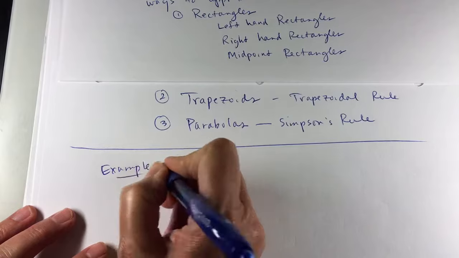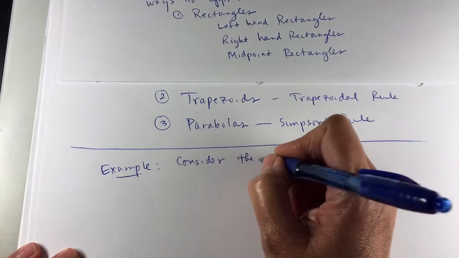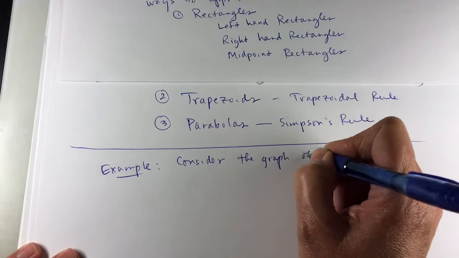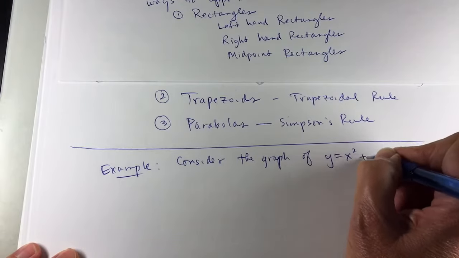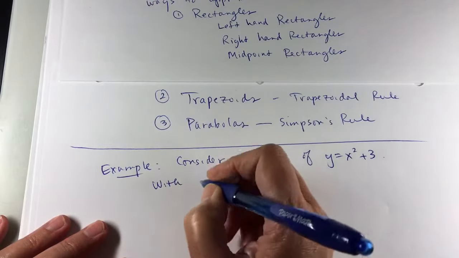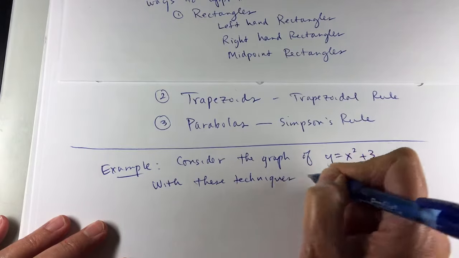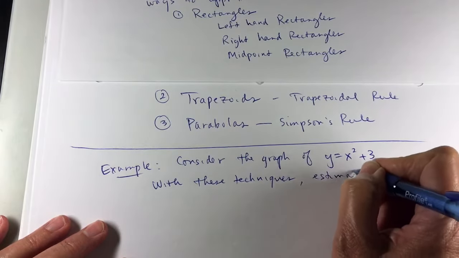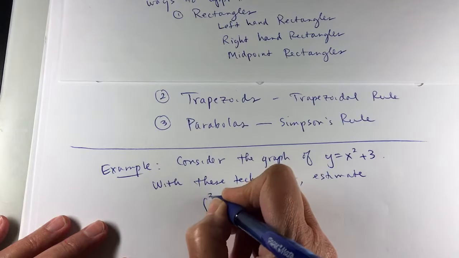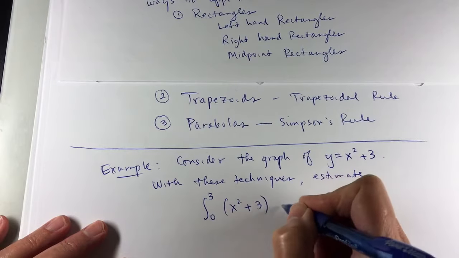Example: consider the graph of y equals x squared plus 3. And with these techniques, we're going to estimate the integral from 0 to 3 of x squared plus 3 dx.